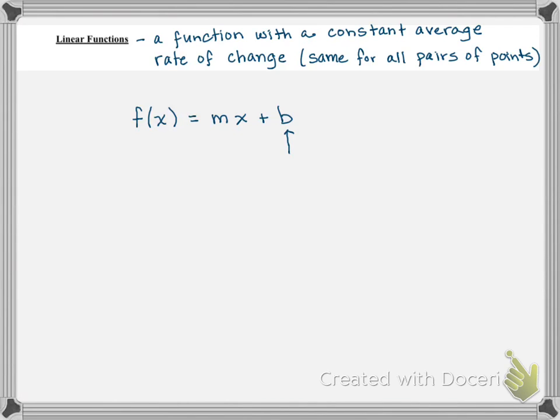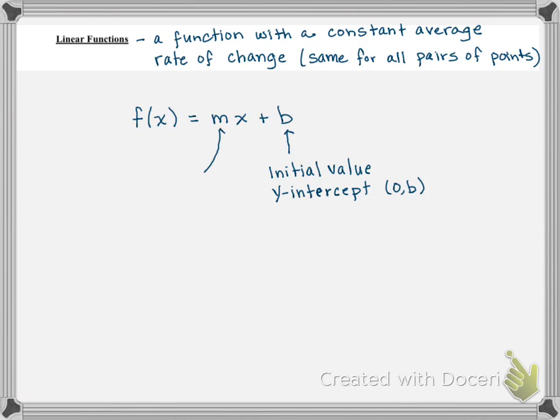The constant term, which is the term that doesn't have a variable, is the initial value of whatever the output is. On a graph, that corresponds to a y-intercept at 0, b.